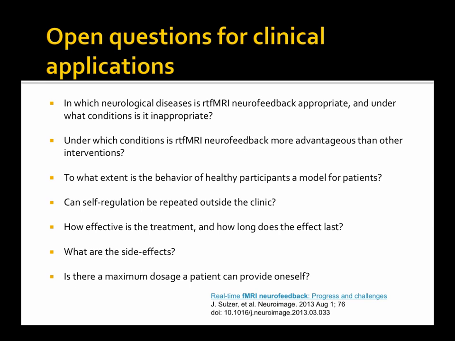With the fMRI, there are also some results, for example, in the cases of stroke patients. Some other disorders show some possibilities of control, like OCD and Tourette, and so forth, but still there is no standard for treatment.